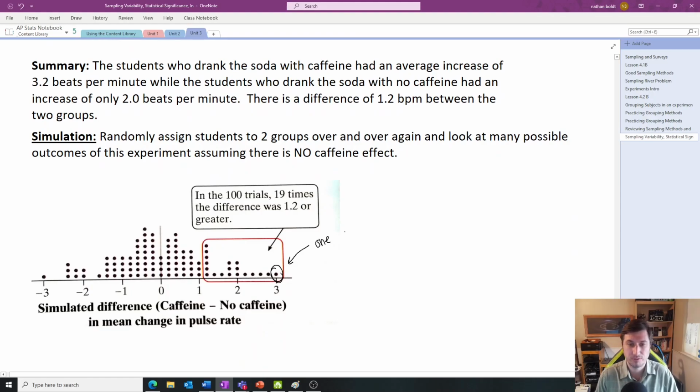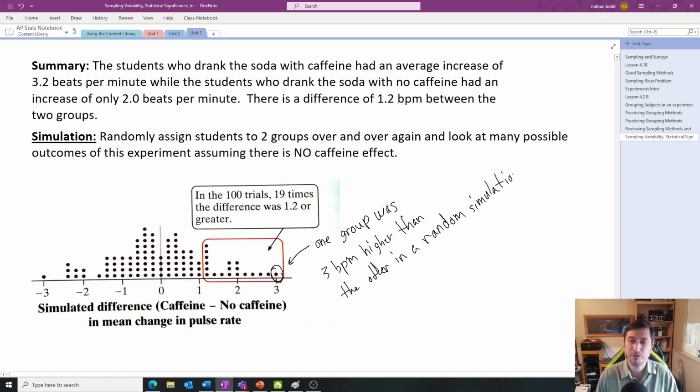One group was 3 beats per minute higher than the other, in a random simulation. Just by pure chance, it got up to 3 beats per minute as a difference.